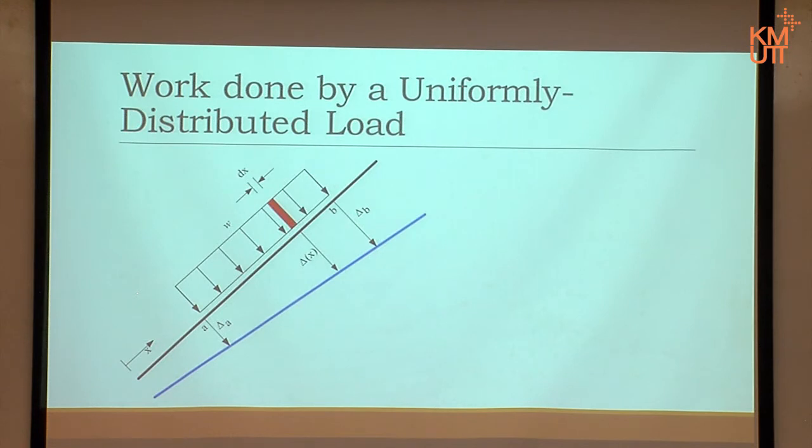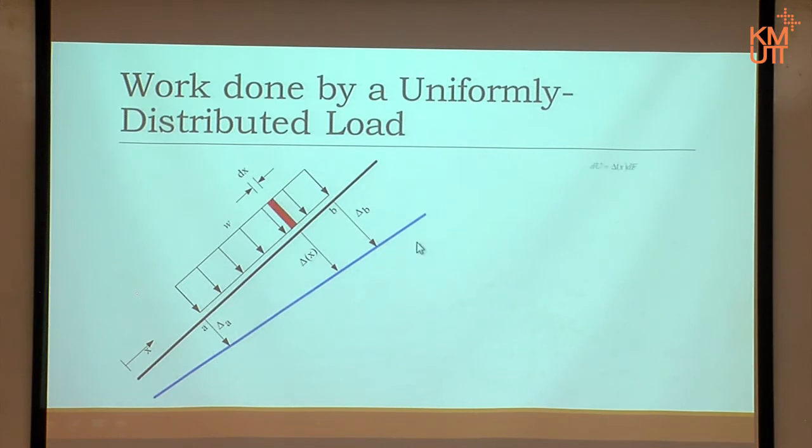So the small force in here, remember how we calculate the distributed load. The total force is equal to the area of the picture, right? That red area is a rectangle. It might be at an angle, but it's still a rectangle, right? So the height times the base. The height is W. The width, dx.